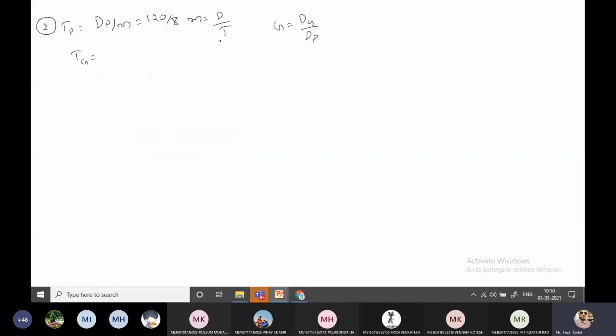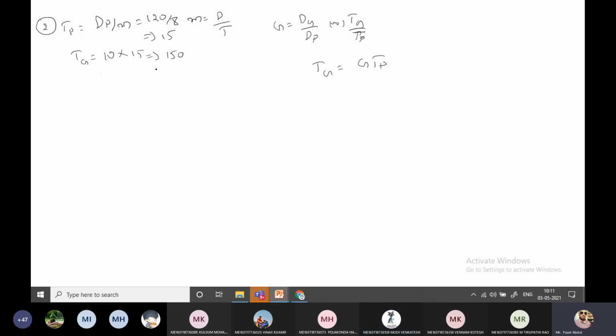We can also directly use the relation G equals TG by TP, so TG equals G into TP. G is 10 into TP. How much did we get for TP? 120 by 8, which is 15.